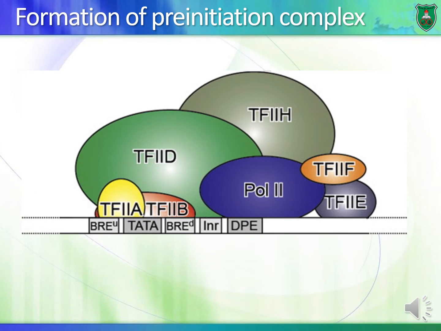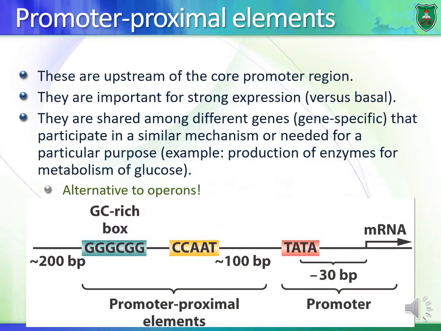Now what happens is you have the formation of what is known as a pre-initiation complex. This complex includes the RNA polymerase as well as the other general transcription factors like transcription factor 2D, 2H, and so on. Okay? So there is something else other than the core promoter.